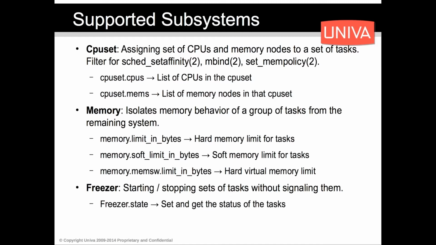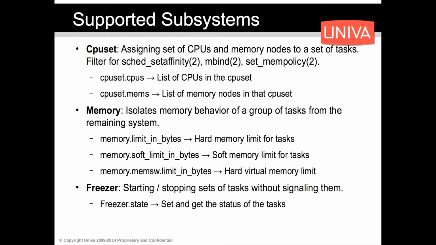If you inspect cpuset.mems, then you will see the memory nodes which are allowed to be used by jobs being in this cgroup. Memory isolation means the behavior of a group of tasks is determined by 3 different files.